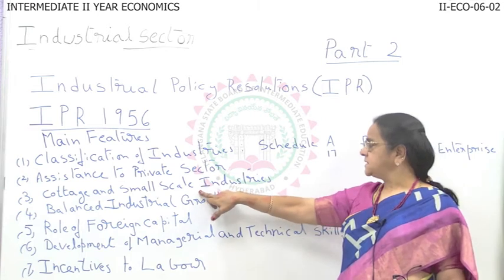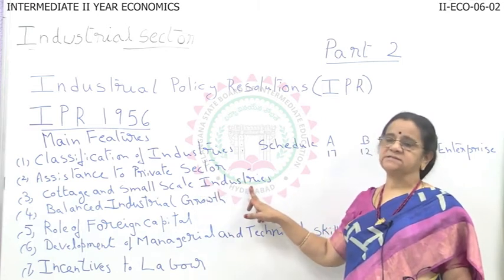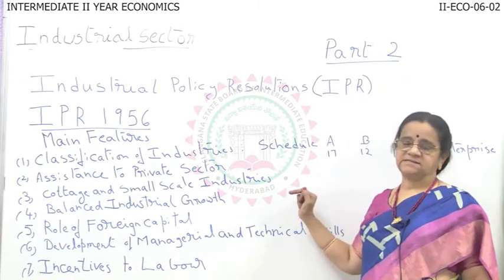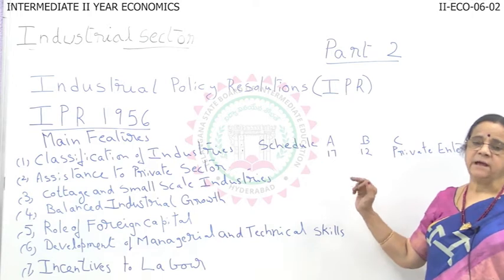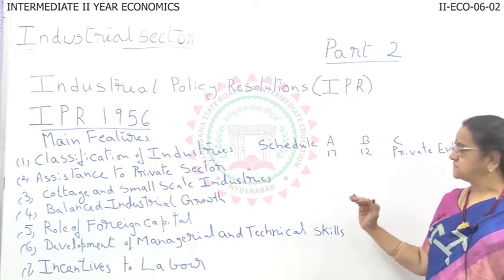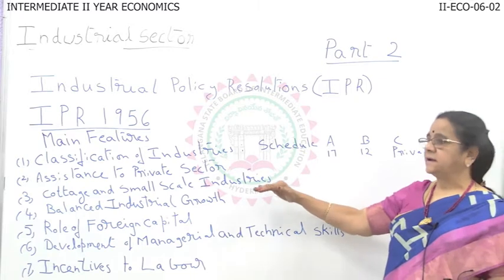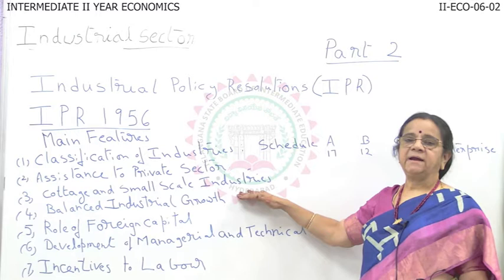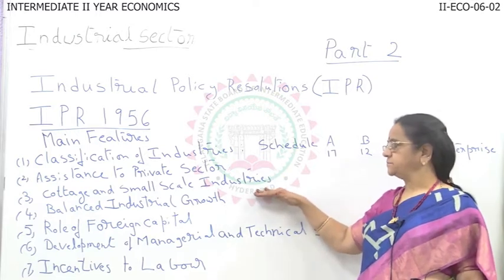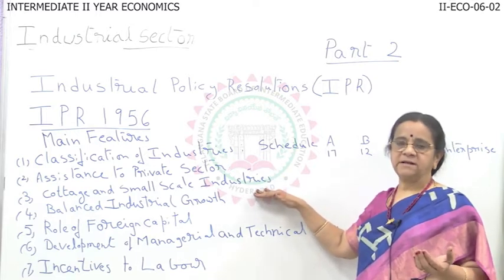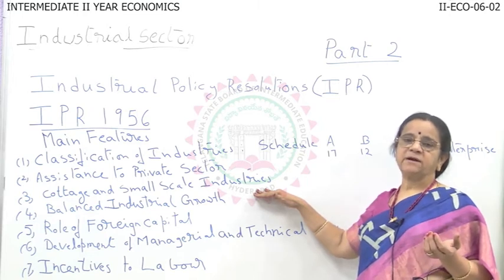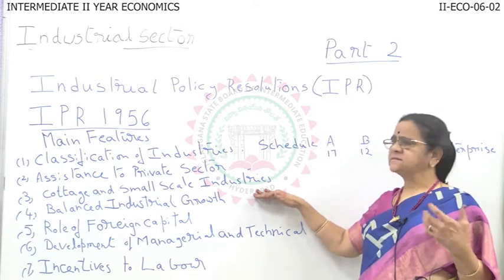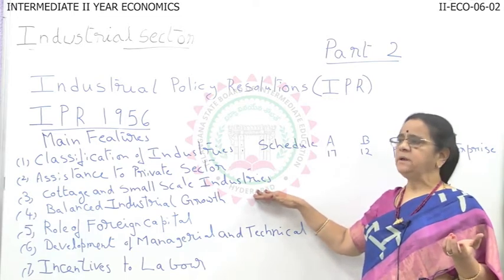Then cottage and small scale industries. Keeping in view their importance in generation of employment and mobilization of savings, these would be encouraged by providing tax concessions and subsidies. So, for development of cottage industry, subsidies would be provided in the cost of production. Government will bear some amount, and tax concessions would be provided.